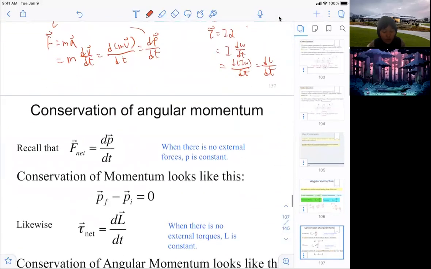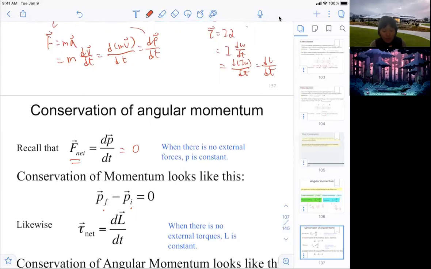So recall previously, if there are no external forces, if F net equals 0, then dp over dt is 0. Meaning that when there's no external force acting on the system, the momentum remains constant. If you look at the momentum at the beginning and at the final moment, it does not change.